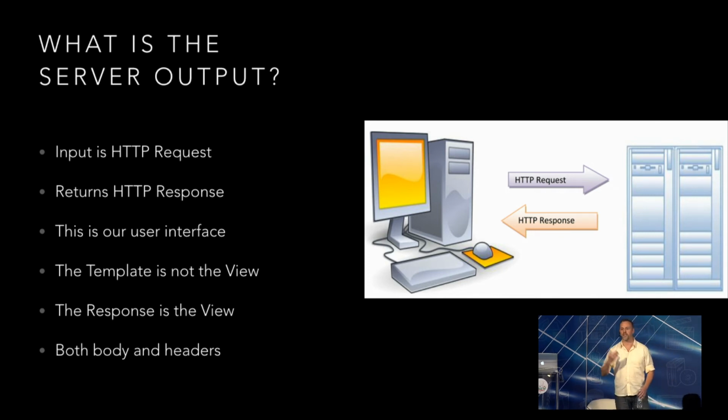What does the server send back? An HTTP response. It turns out that this is the real interface on a server-side application. Not key presses, not mouse clicks. The input is a request. The output is a response. Now, suddenly, the idea of model view controller being a user interface pattern begins to make sense.